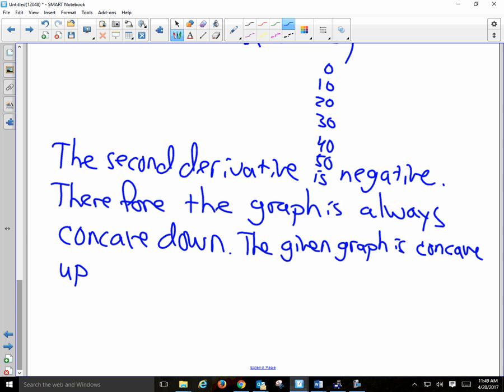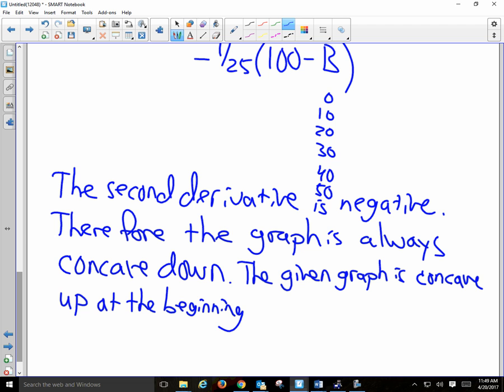It's concave up at the beginning. So at the beginning, when we're plugging in values like 0, 10, 20, 30, 40, the weight of the bird, okay? So there's no way that that could be the original graph. We all good?